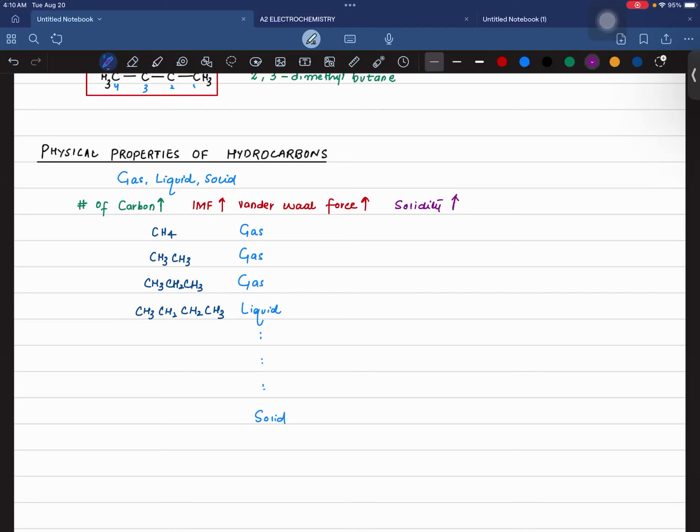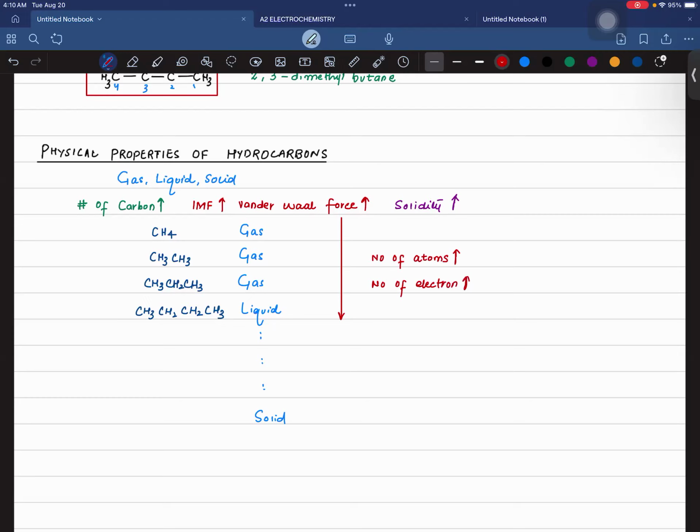So as you can see, the number of atoms increases as we are going down the group. Due to this, the number of electrons increases.